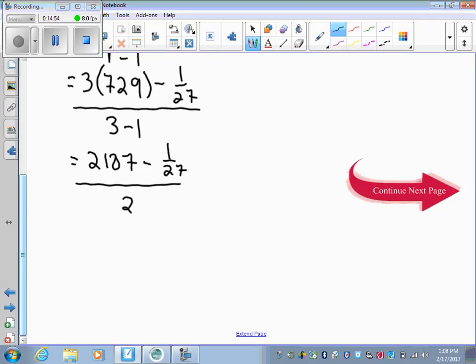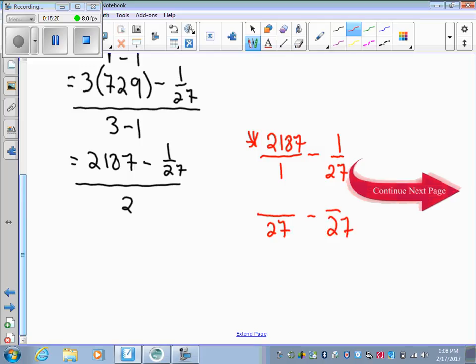Now again, we can't subtract that yet until we have a common denominator. So over to the side we go. If you have 2,187 over 1, subtract 1 over 27. We need a common denominator of 27 instead of 1.